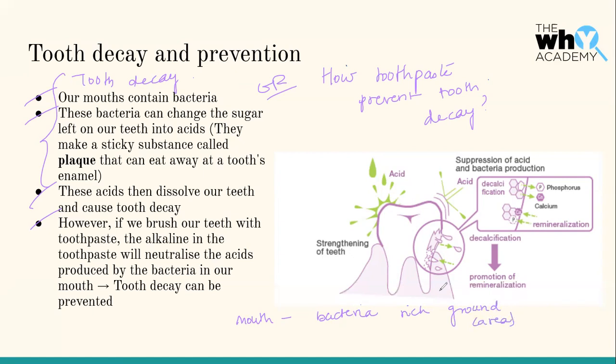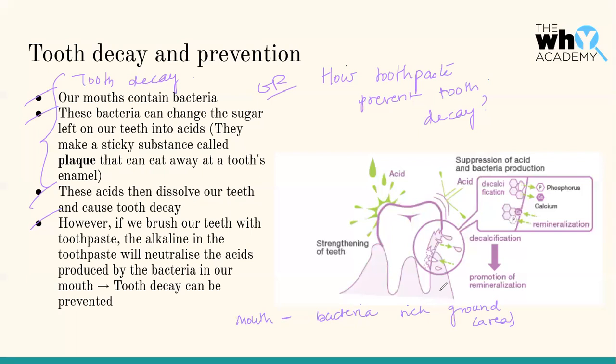There are a lot of bacteria present in the mouth at all times, which is why, if you don't brush your teeth twice a day, or maybe in the morning, you have bad breath and things like that. That's all thanks to the bacteria in your mouth.